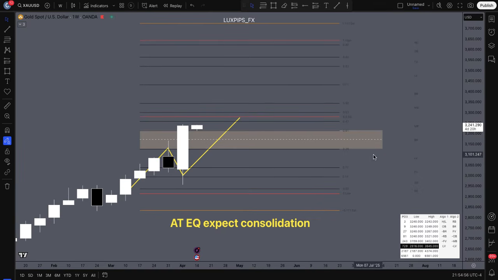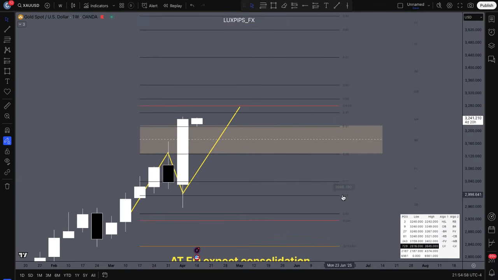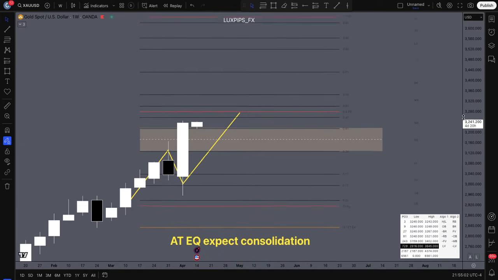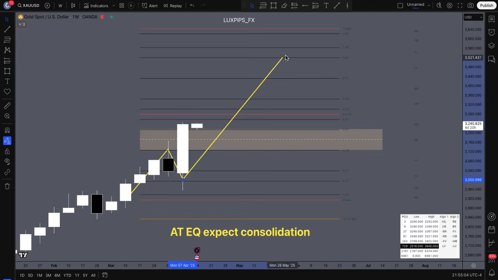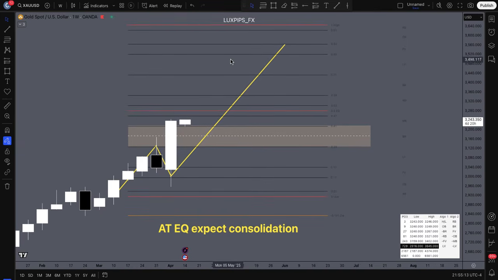So I like to preach the method of FEG zone to the EQ. But of course, if you're very confident in your trade and you know what you're doing, target the terminus.